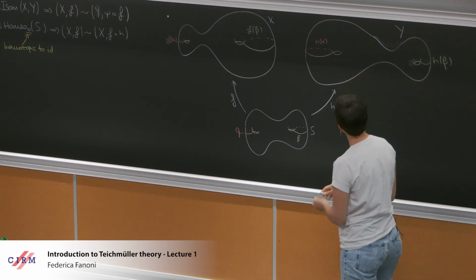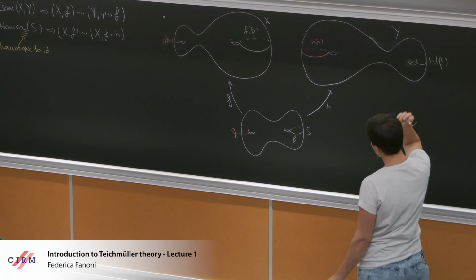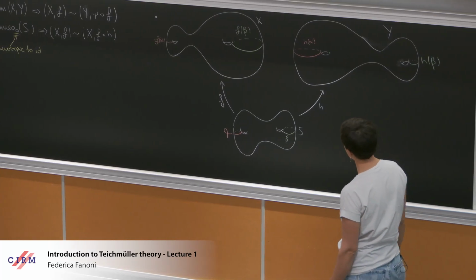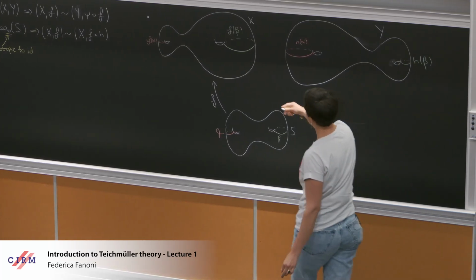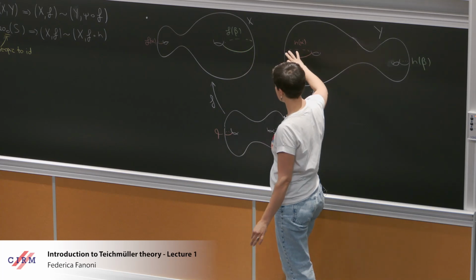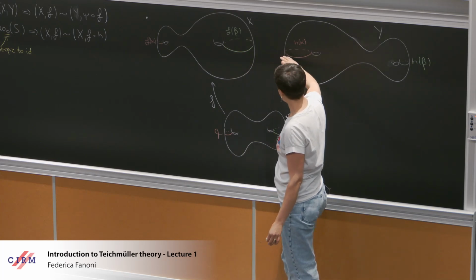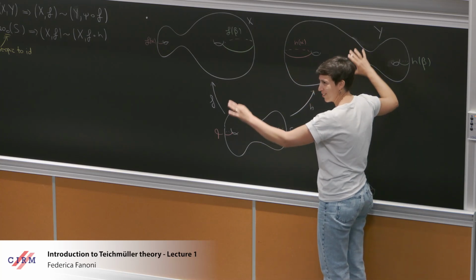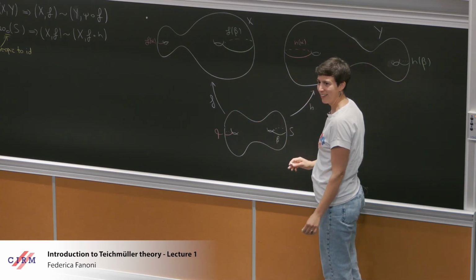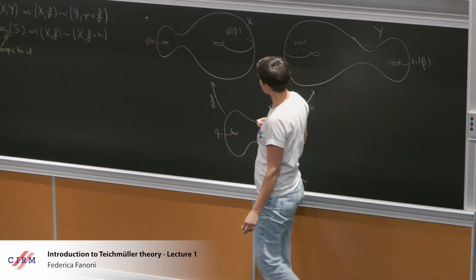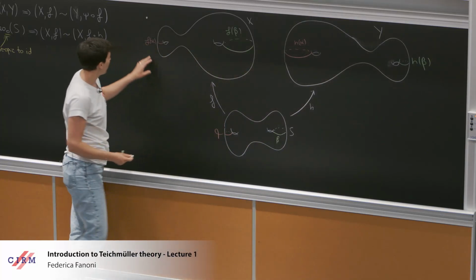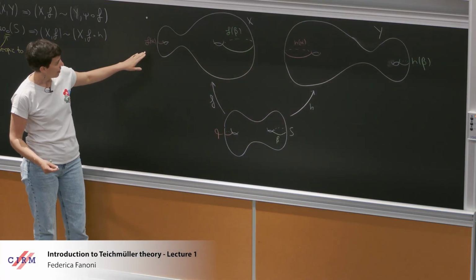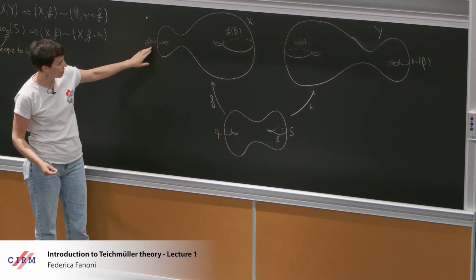Okay, so for these two to be the same, what would you want? You would want that there's an isometry from this to this, which is in the homotopy class of moving this away and just squiggling it a little bit. Well, that is not going to be possible, because essentially this curve here is very short.